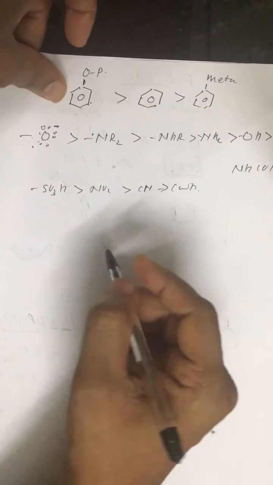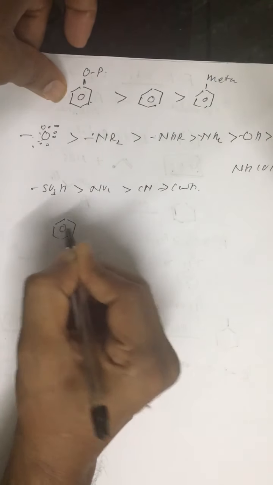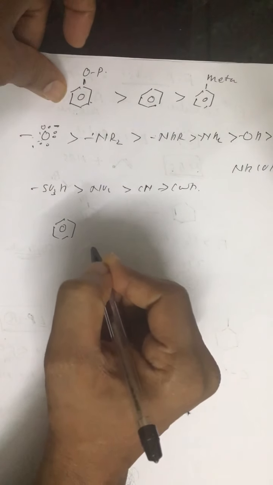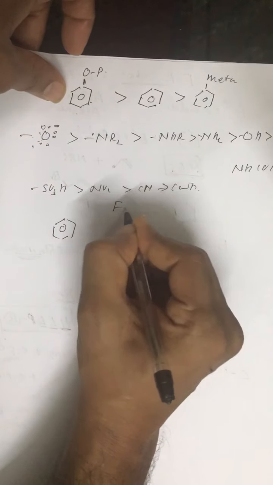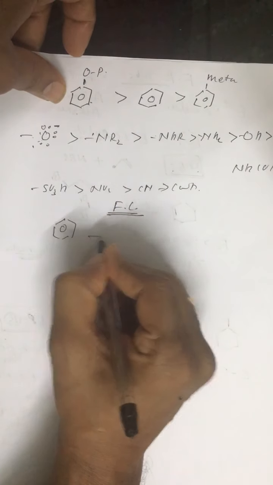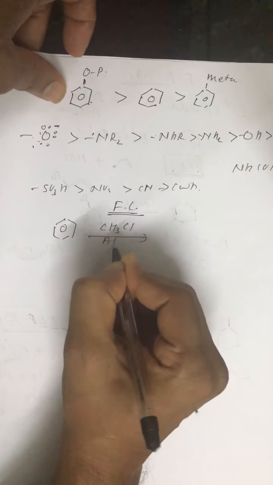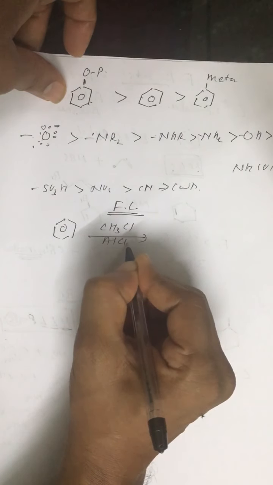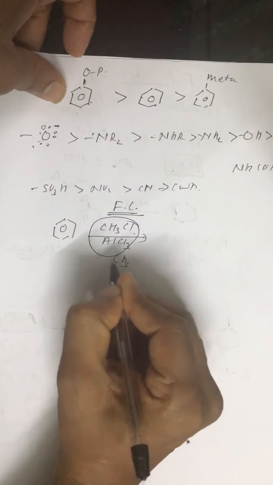All right. So there are certain reactions which are important. That is, one is Friedel-Crafts reaction. Friedel-Crafts reaction is alkylation or acylation in the presence of anhydrous AlCl3. This mixture produces CH3 positive.